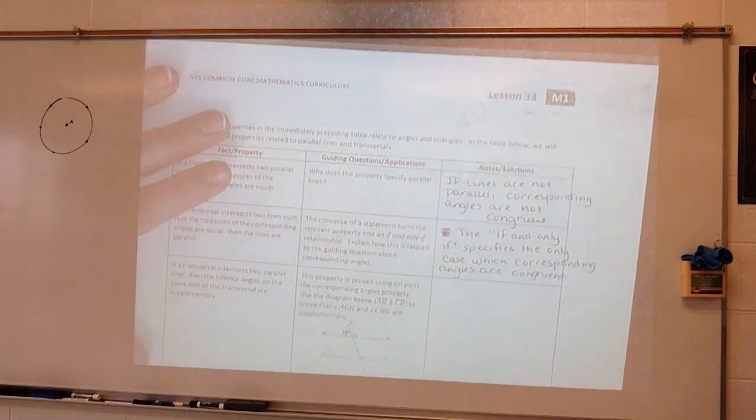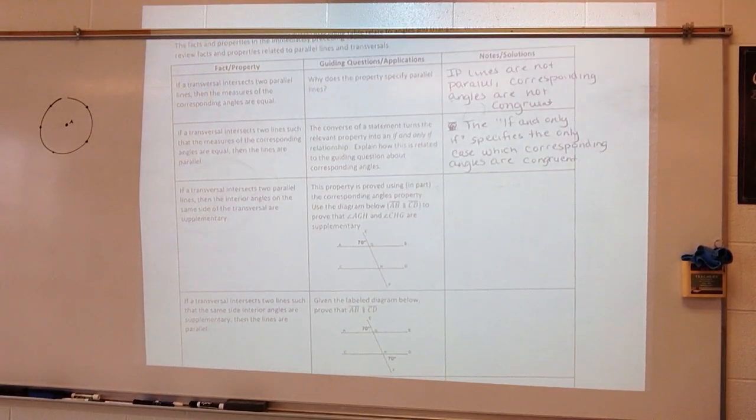Alright, and that is only when the lines are parallel. If a transversal intersects two parallel lines, then the interior angles on the same side of the transversal are supplementary. This property is proved using, in part, the corresponding angles property.